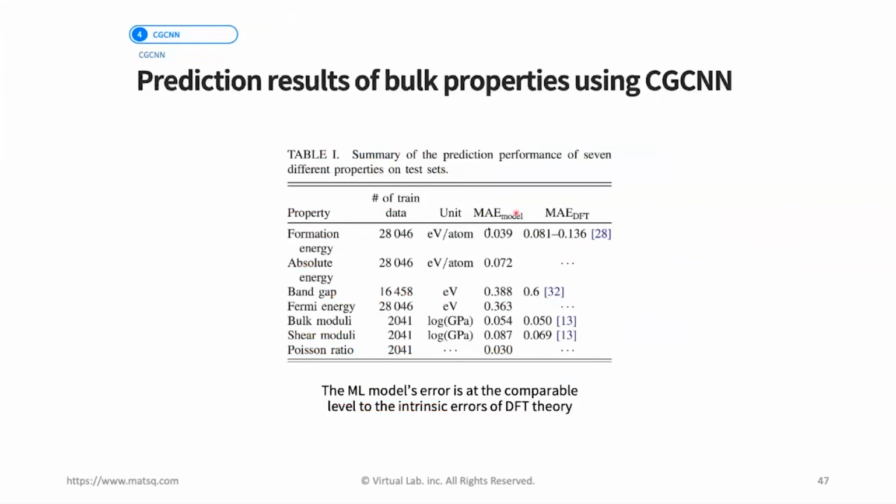This is the CGCNN and this is the DFT values, for example formation energy, band gap, Fermi energy, shear modulus, and so on. Surprisingly, the difference, the error, is very small, right? Compared with the DFT, this means the CGCNN can be comparable to the DFT calculation if you have enough data.